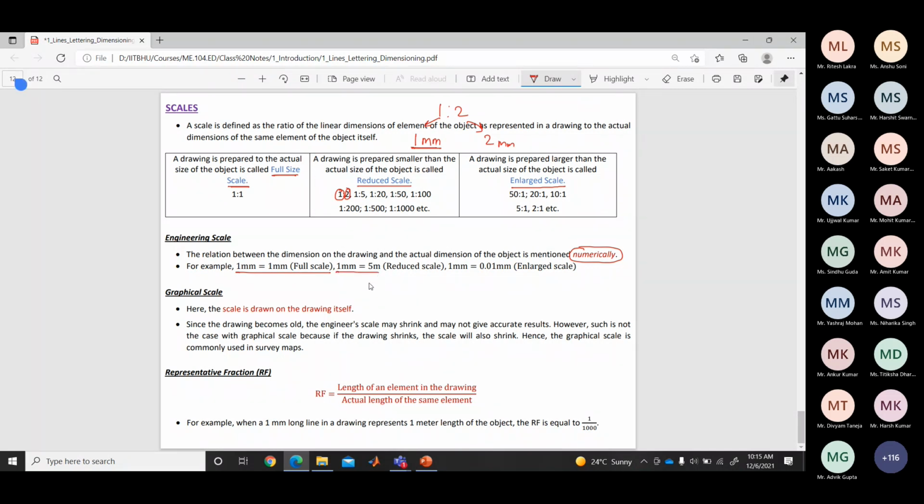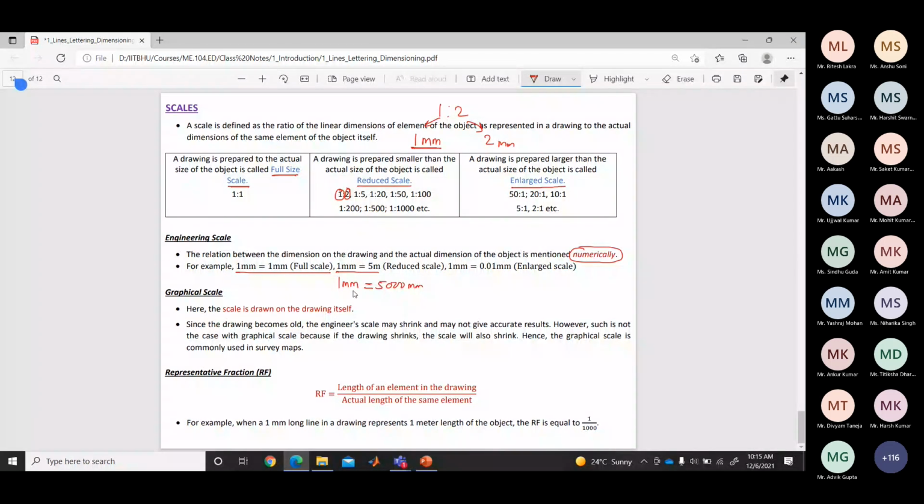We can mention it on the sheet. In that case, when we have different units, then we must mention it with the units. So in some cases we can also convert this.